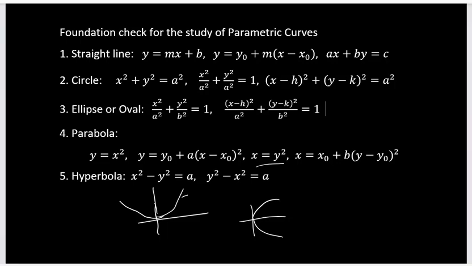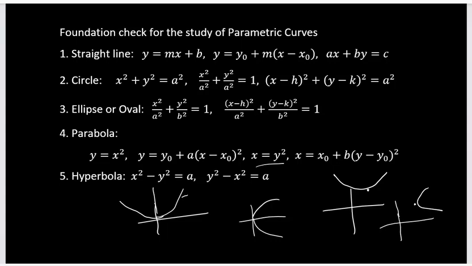And then when you go to y = y₀ + a(x − x₀)², what happens in this case is very similar to the first one, only the vertex will shift somewhere. We call it (x₀, y₀). So this is the parabola here. And the same way, the other one you can also consider. The vertex will be shifted somewhere, depending on your (x₀, y₀) values, and then the graph will go like this.